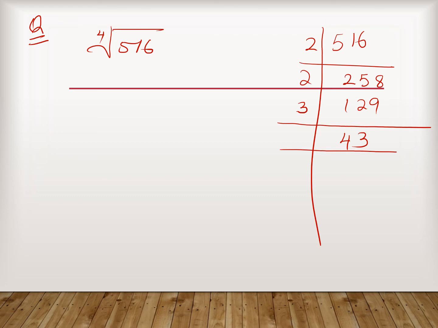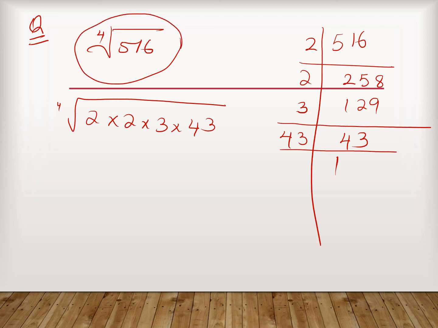Now 43 doesn't go in any table, so 43 times 1 is 43. So the fourth root of 516 you write as 2 times 2 times 3 times 43, and you can see that you cannot make a group of 4 of any number. So this answer stays as it is. It means the fourth root of 516 cannot be simplified. This is your answer.